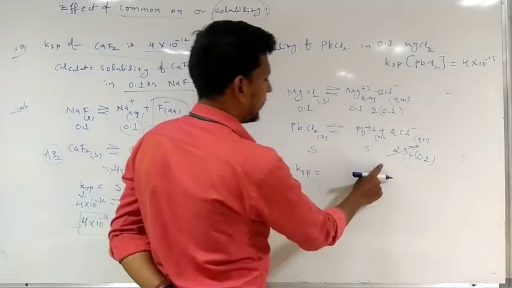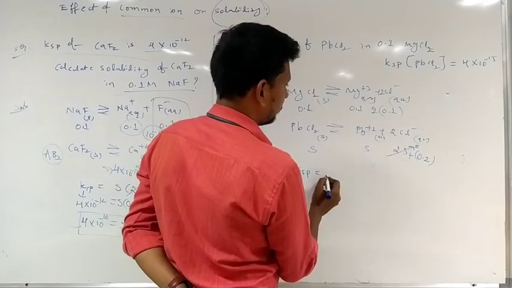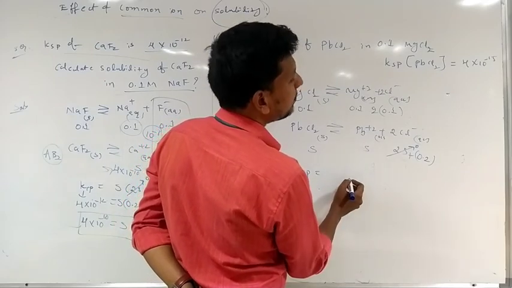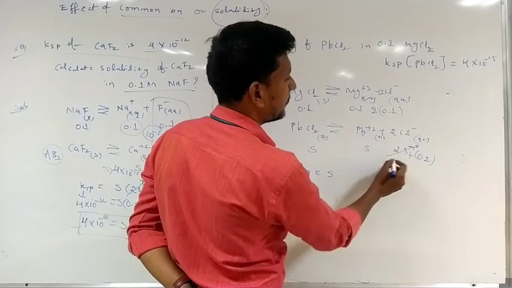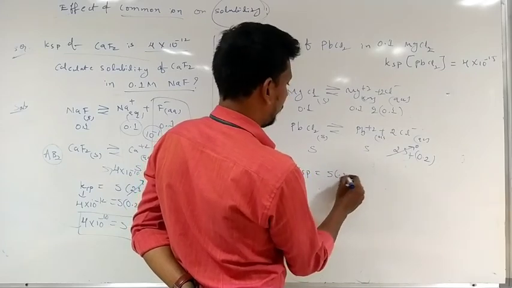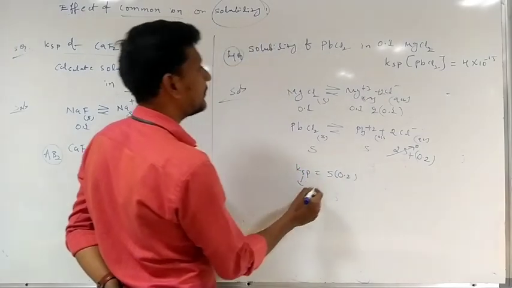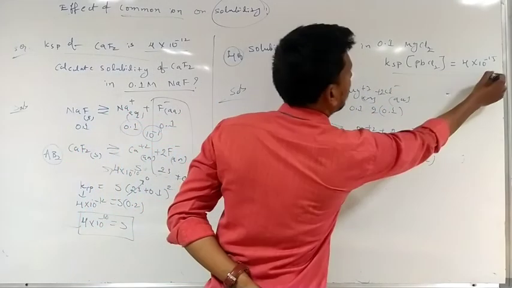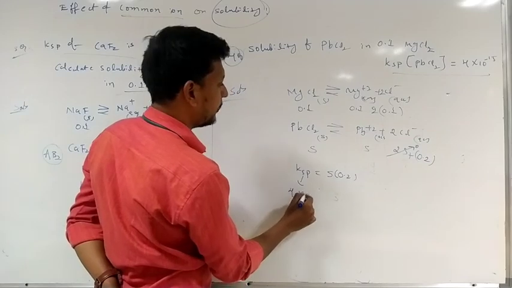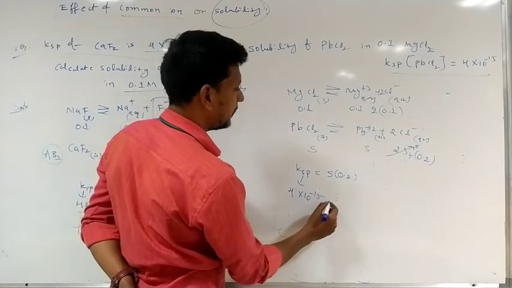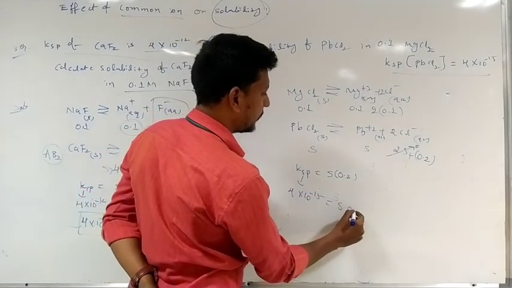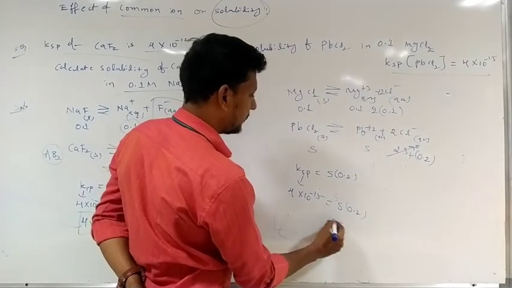Ksp is equal to S into 0.2. What is the Ksp value? 4 into 10 to the power minus 15 is equal to S into 0.2. Here S is equal to how much?